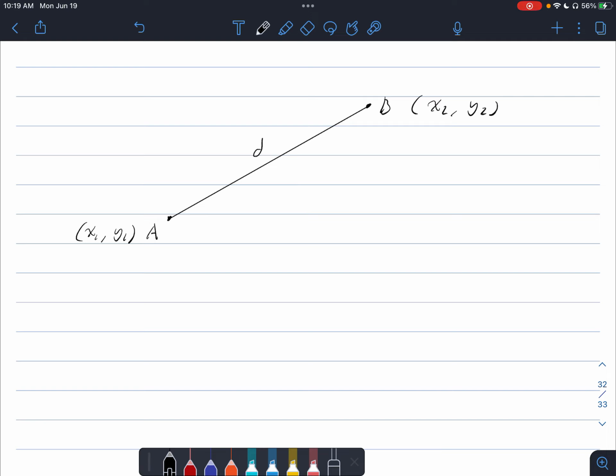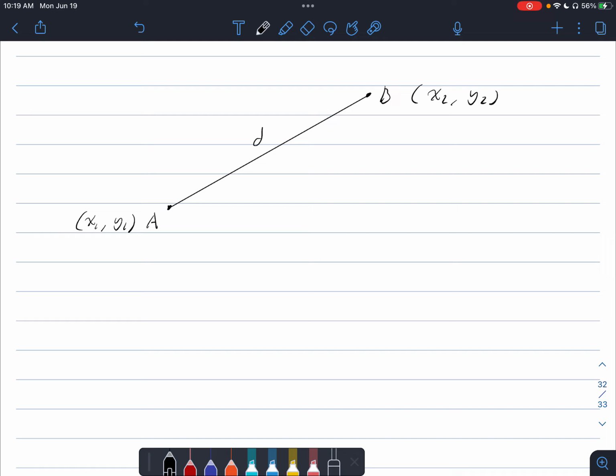Okay? All right, so the first thing we should do is create a right triangle that is built around this distance D. Okay? So let's do that. So let's draw a right triangle that looks about like this. Okay, right triangle here.